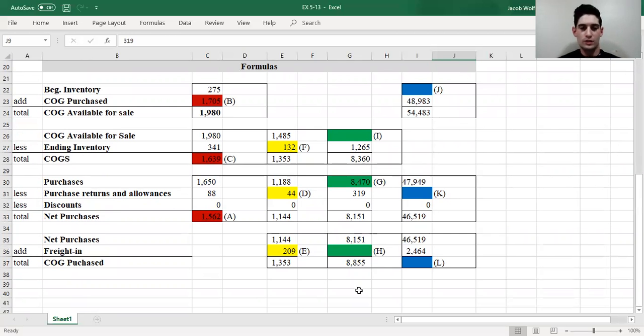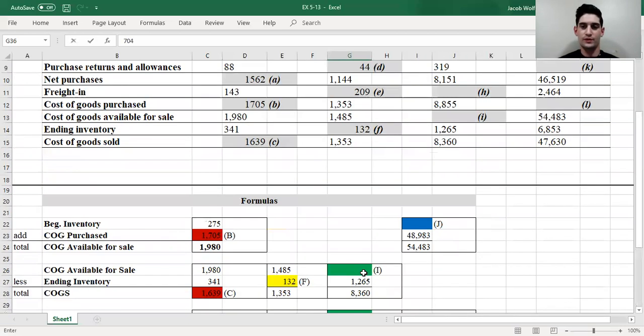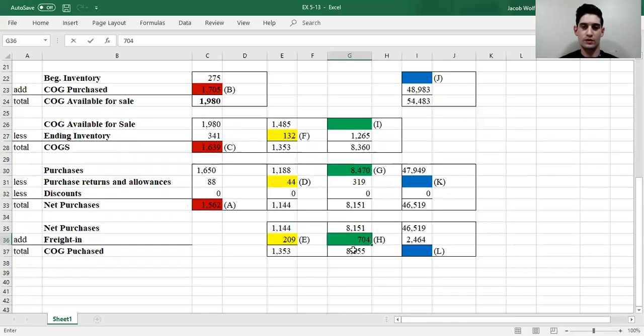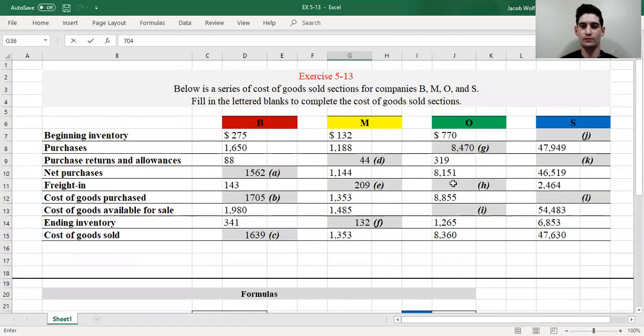So we'll take 8,855 and subtract 8,151. That gets us a difference of 704. So that 704 plus 8,151 should come out to the 8,855, which it does. So our value for H is 704.